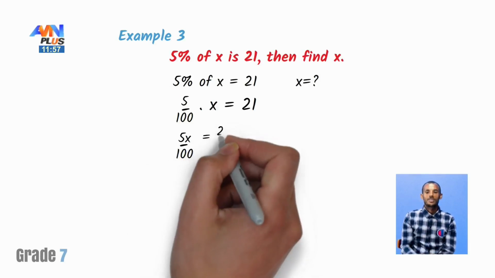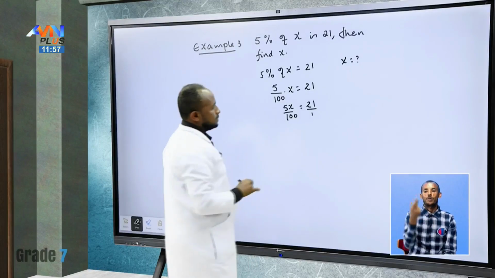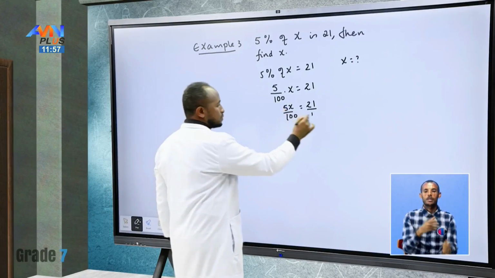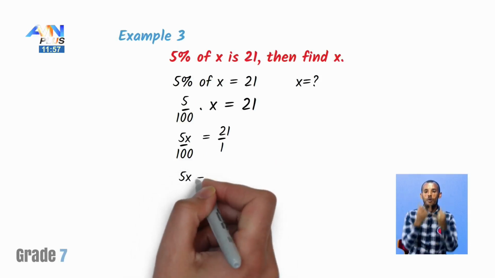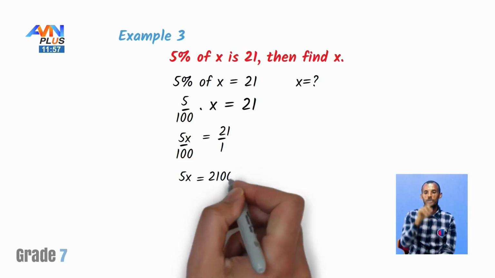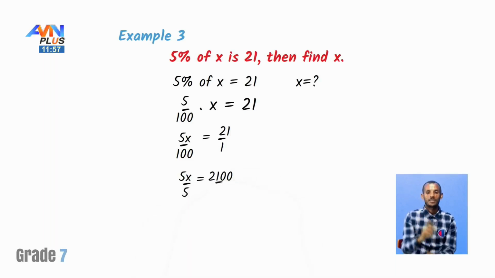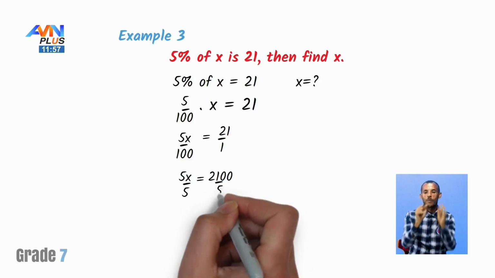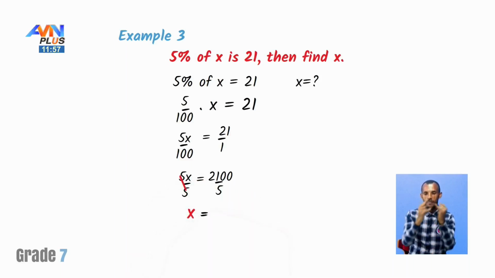To find the value of x, let's apply cross multiplication. 5x times 1 gives you 5x. 21 times 100 gives you 2,100. To find x, let's divide both sides by 5. This cancels out.